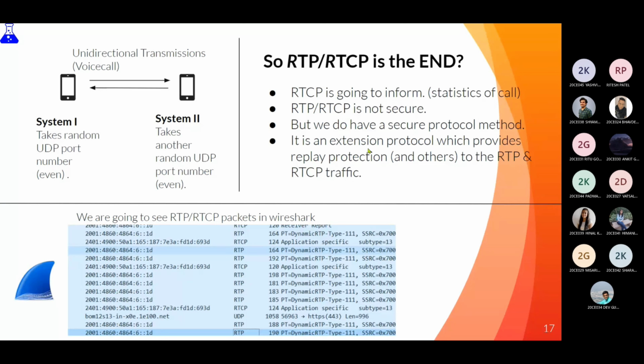It is an extension protocol which provides replay protection, that is, protection against packets being played back. In RTP and RTCP, there is no such protection. Not only replay protection, there are other protections too for the RTP and RTCP traffic.